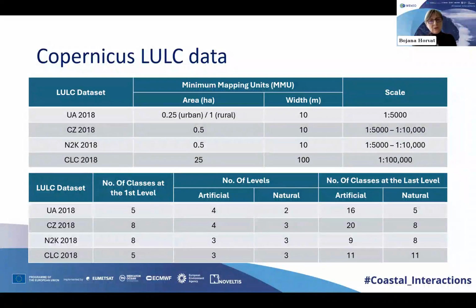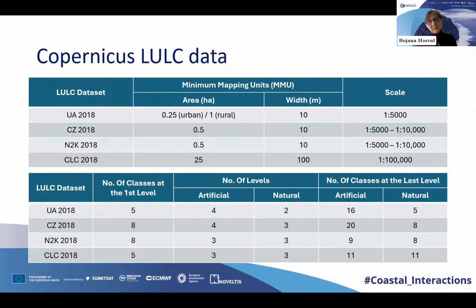When it comes to land use and land cover data, we considered 4 Copernicus land use land cover data sets, which are Corine Land Cover, Natura 2000, Coastal Zones, and Urban Atlas. Most commonly, Corine Land Cover was used in such cases, and this data set covers practically the whole continent.